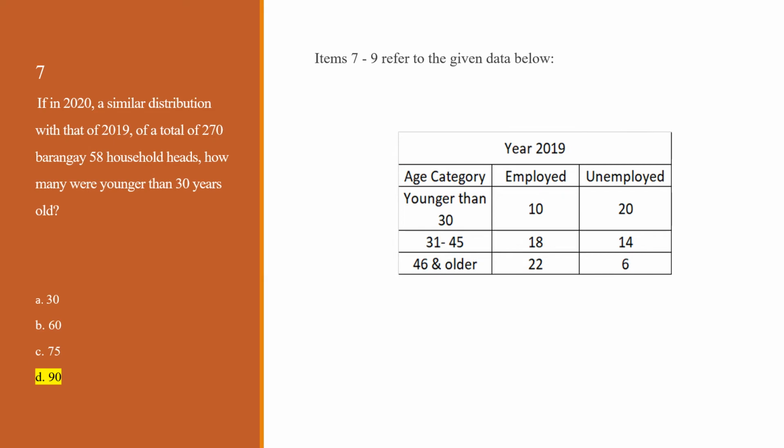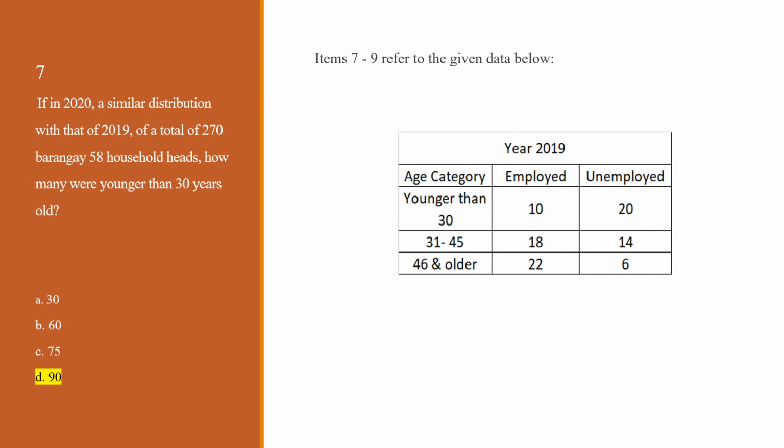For numbers 7 to 9, we refer to the given table, and the first question for this is, if in 2020 a similar distribution with that of 2019 of a total of 270 household heads for barangay 58, how many were younger than 30 years? So when we make an understanding of all the given for the table presented in item 7, this is for the year 2019.